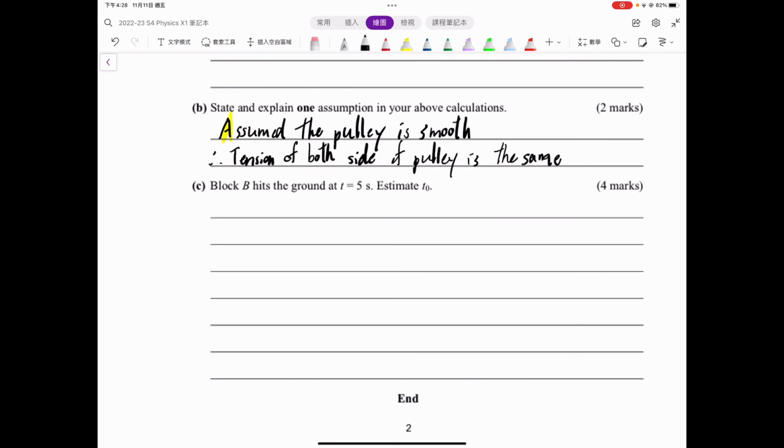Now, consider that the box B already hits the ground. The string would become loose, so there would be no tension there. So for A, there are only two forces acting on it: the normal force and the weight.